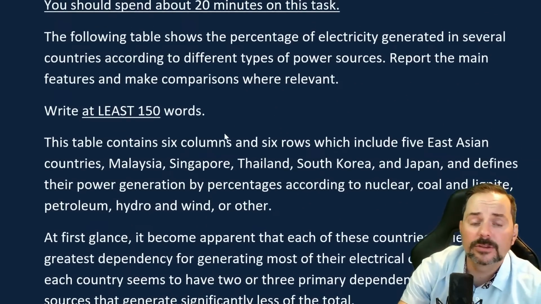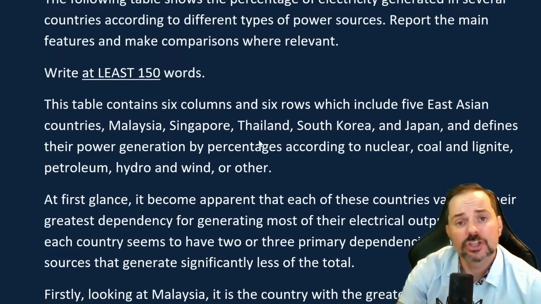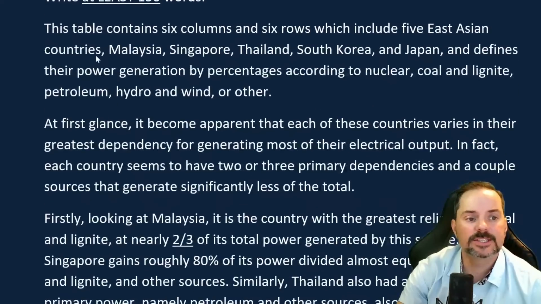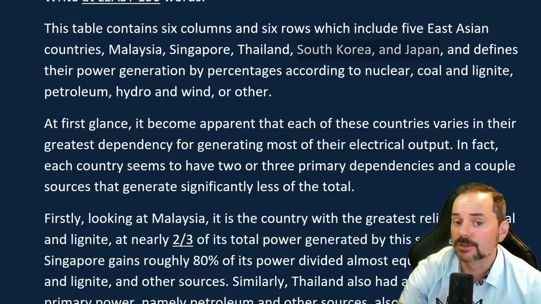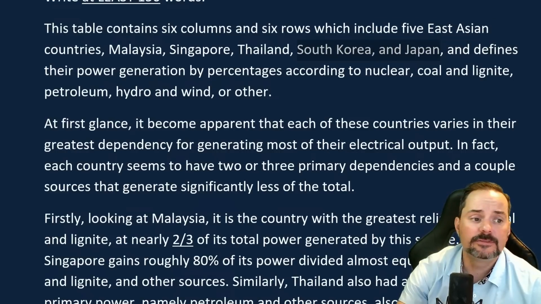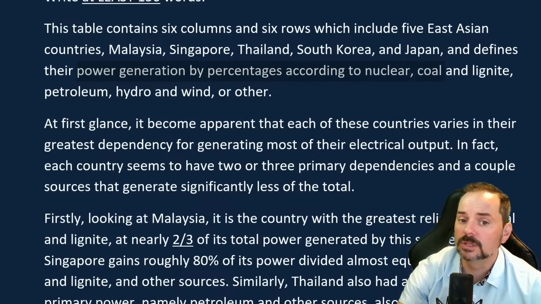So then I go back to the top and I read, okay? Just check it with me, right? So this table contains 6 columns and 6 rows, which include 5 East Asian countries, Malaysia, Singapore, Thailand, South Korea, and Japan, and defines their power generation by percentages according to nuclear, coal and lignite, petroleum, hydro and wind, and other.